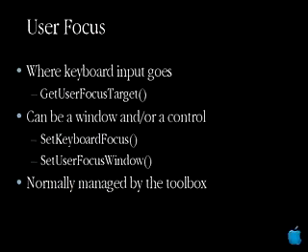So we have this concept of user focus, which is the combination of a window and any focused control in that window. The toolbox defines the user focus to be the currently focused control in the frontmost document window. That's our definition of it. If that window happens to have no controls or nothing has focus, then it's the window.